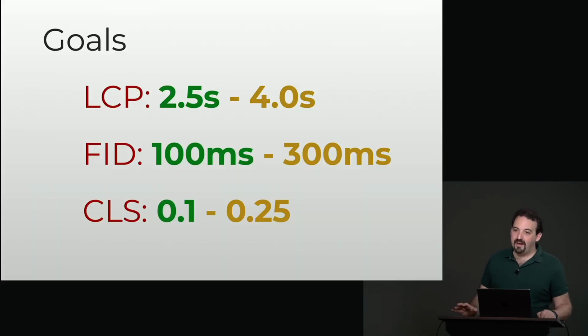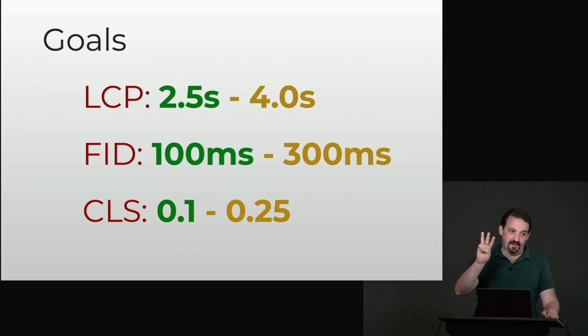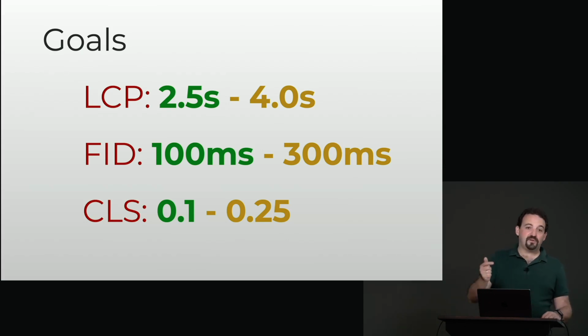These are the current budgets for the 3 core Web Vitals defined. If you are under green, you're good. If you are under yellow, needs improvement. If you are over the yellow, you're pretty bad. That's kind of the idea. So LCP, largest contentful paint, should appear in the page within 2.5 seconds for at least 75% of your users in the real world.